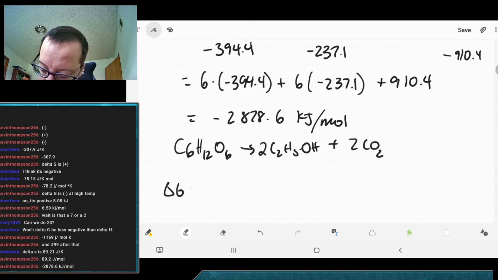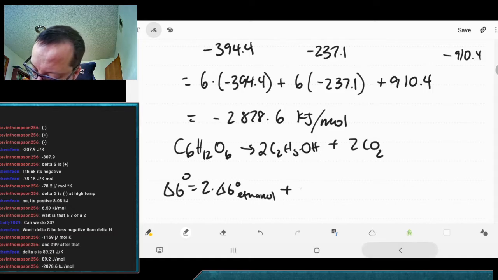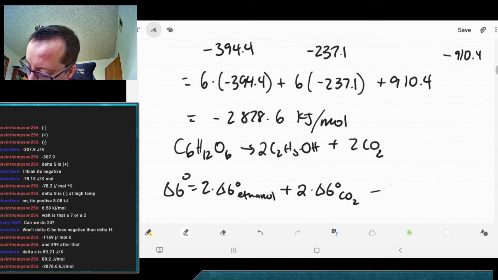So delta G for this reaction is going to be 2 times the delta G for ethanol plus 2 times the delta G for CO2 minus the delta G for glucose.